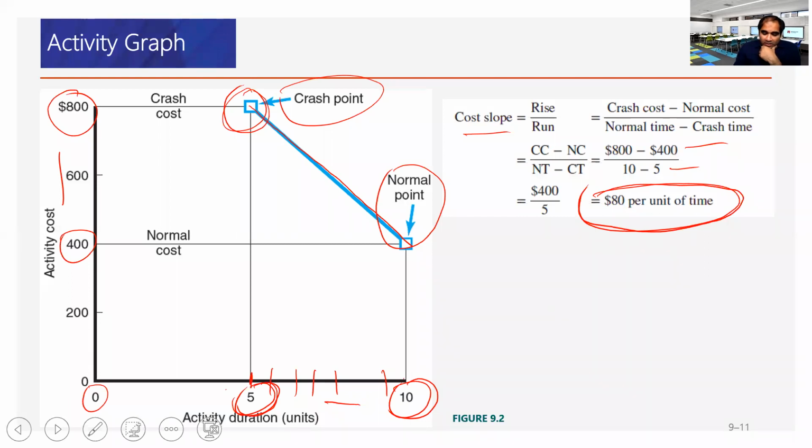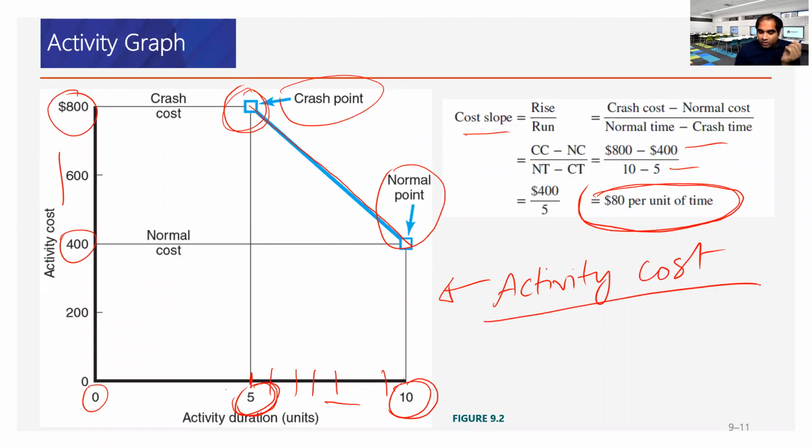This is for any single activity. This is activity cost, not the total project cost. We need this number for all the activities involved in the project network chain.